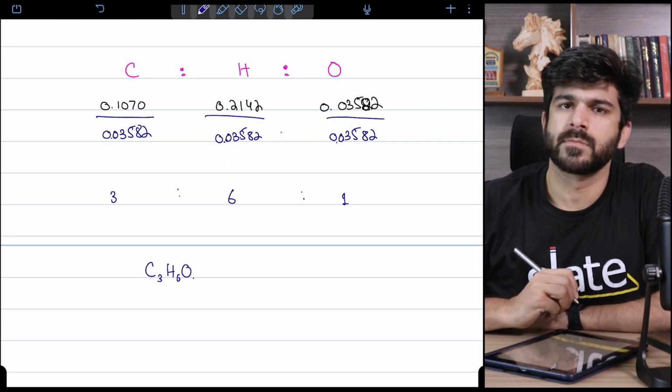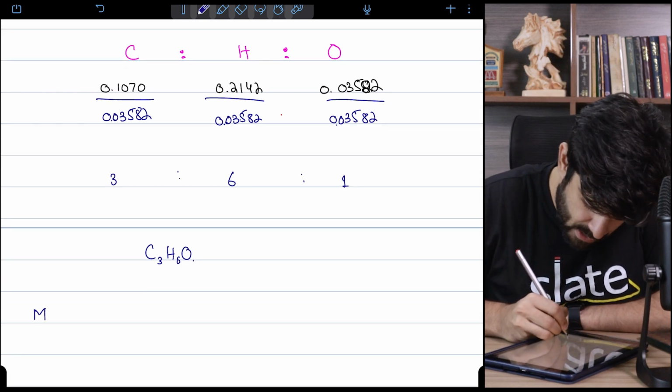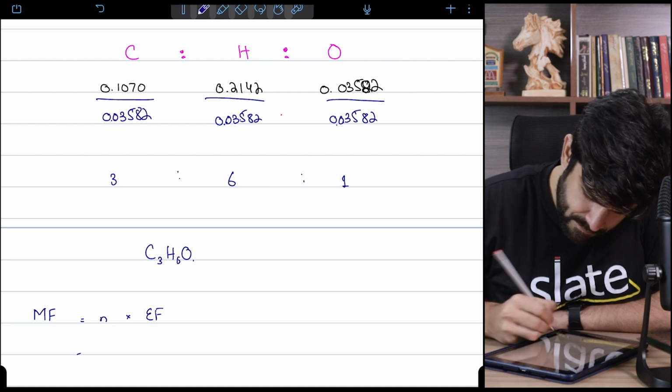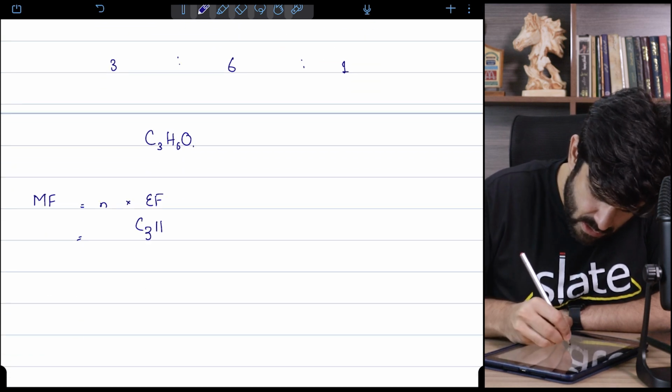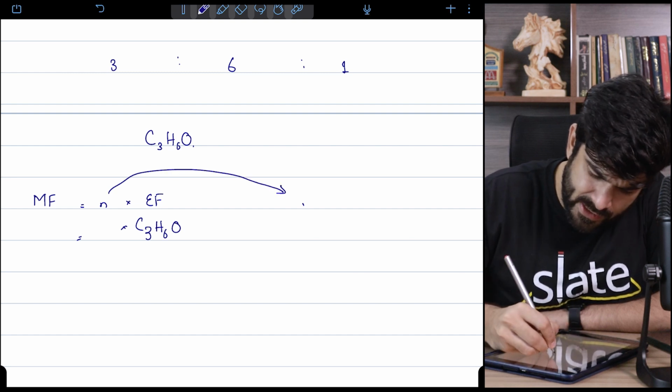So now we have the empirical formula C3H6O1. So how to calculate the molecular formula? Same formula. Molecular formula equals N into empirical formula. Empirical formula is given to us. N we need to calculate.